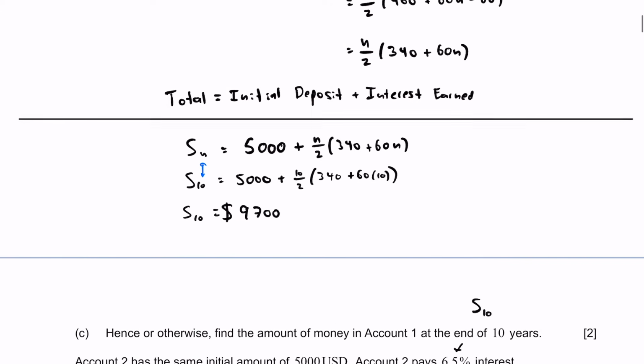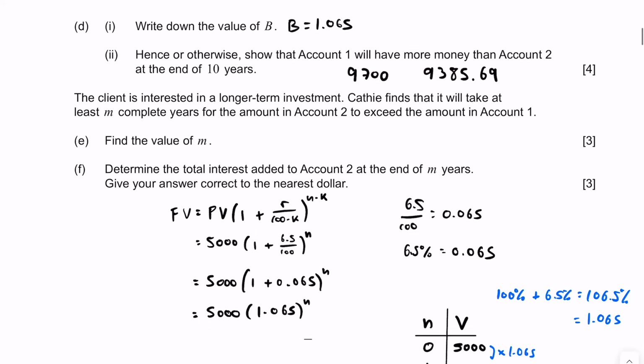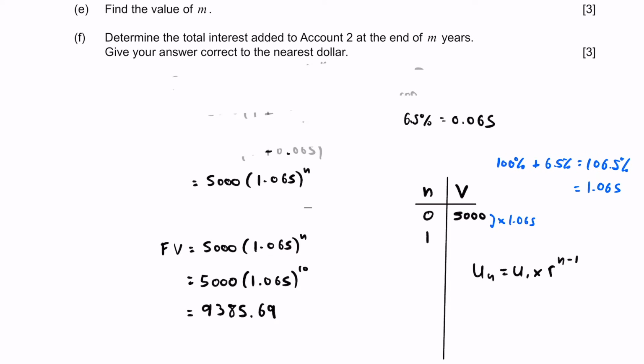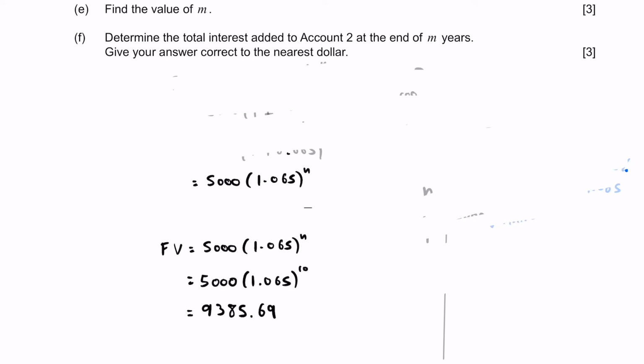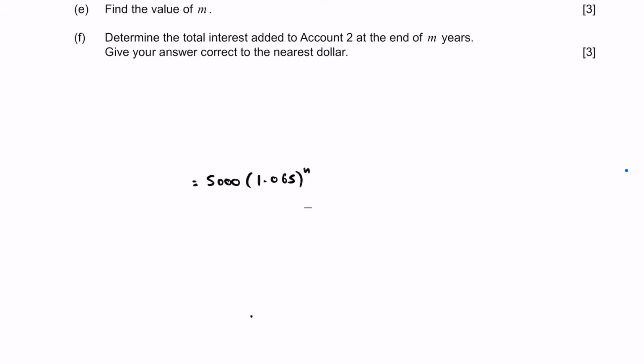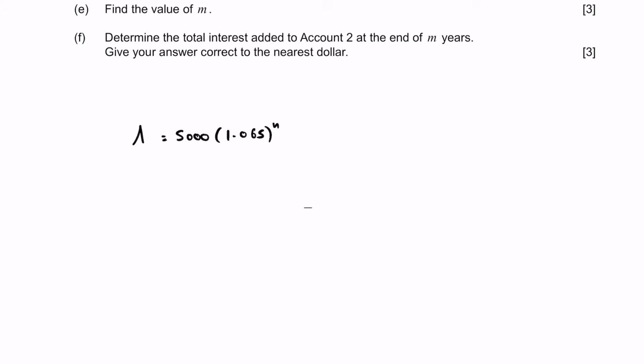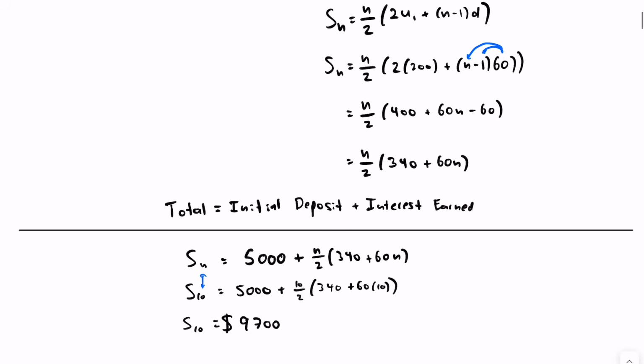So what we can do is compare these two. I'm going to clear this up, and then let's write out some comparison linking these two functions. So this is all we really need here, and I think we're good. So I want to keep this. This represents the amount of money we have in account 2. But what about account 1? Actually, let's go up and just grab this.